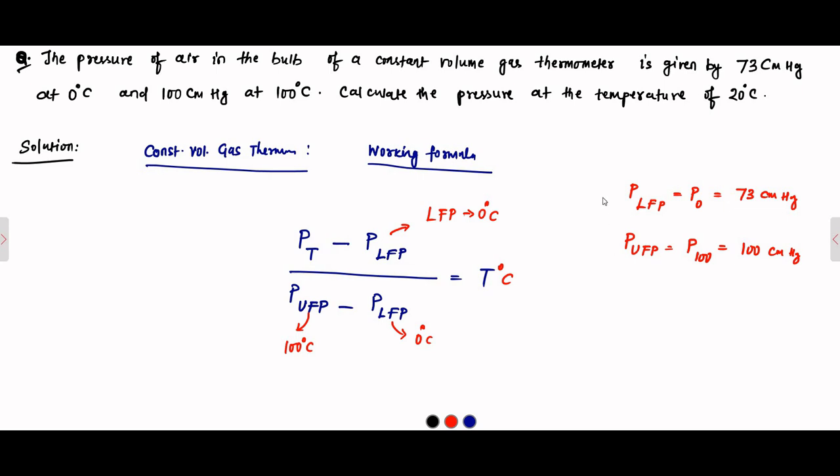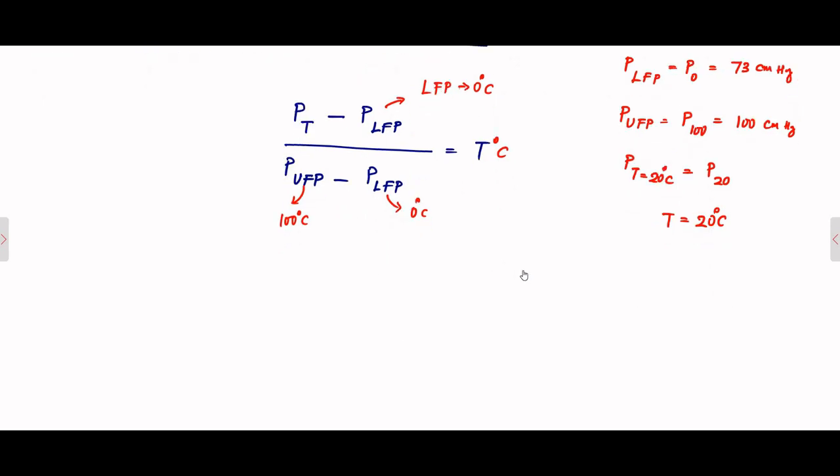We have to calculate the pressure at T equals 20 degrees Celsius, so we can call it P20. We have to calculate PT, and the fixed point pressures are already given. So simply we have to put the values and get the result.